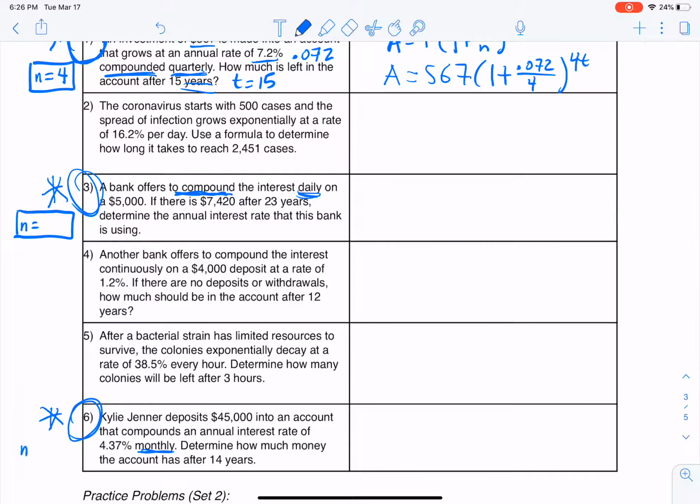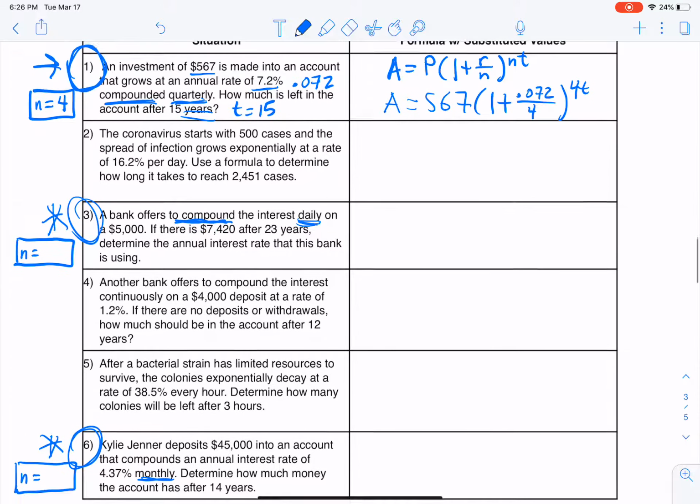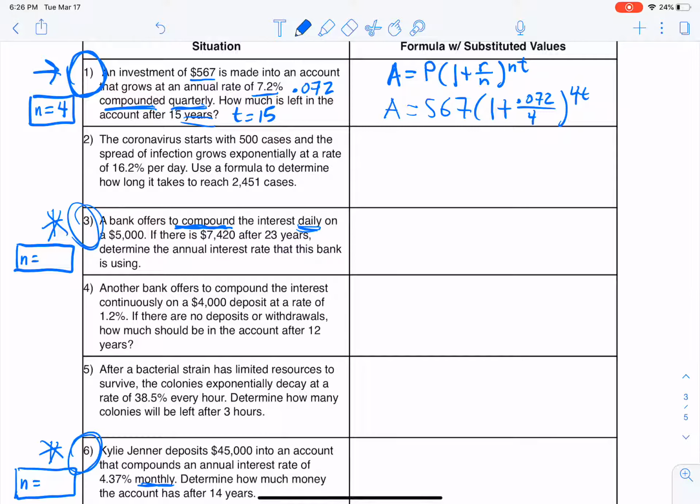So in that instance, you need to decide what is the n value that I'm interested in. So regardless of whether or not you turned in this homework, I do want you to answer questions 3 and 6 here. You can pause the video if you need to write down question 1.